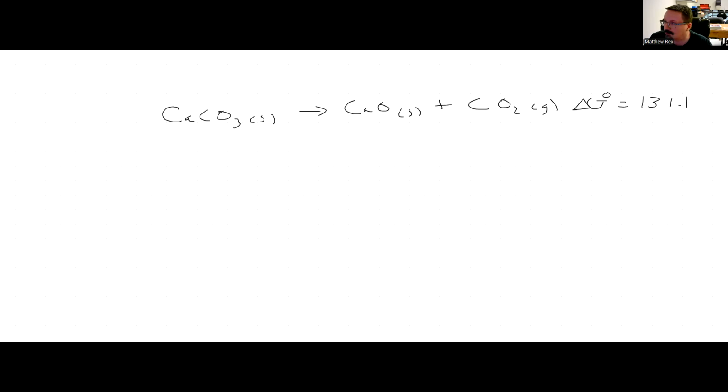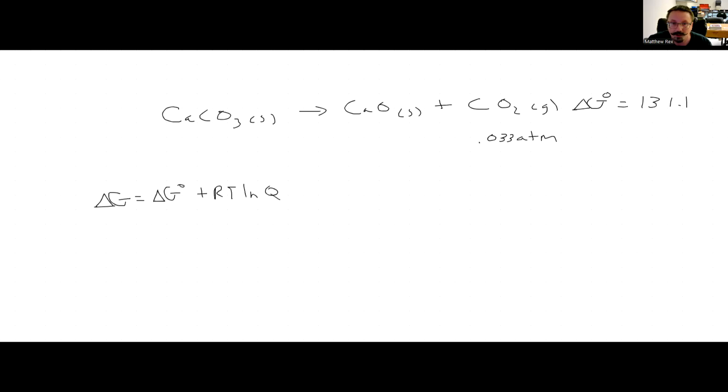Our pressure for CO2 is 0.033 atmospheres. So if you look at your equations, we've got a non-standard pressure, and we have our standard delta G. So what we want to find is our delta G non-standard, and that's equal to delta G standard plus R times T times the ln of Q.